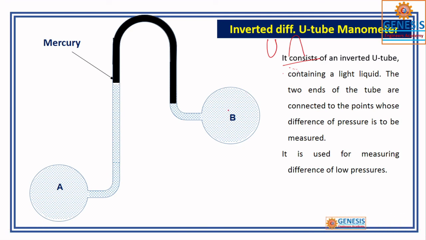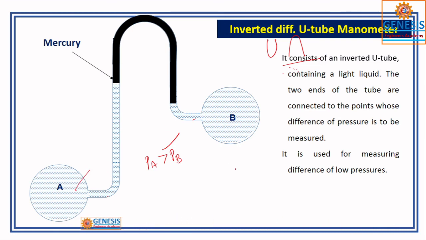So from this animation, you could also find that PA is greater than PB. Okay, so why is it differential? Both the ends of the U-tube manometer are connected to the same pipe at different points, or two different pipes.